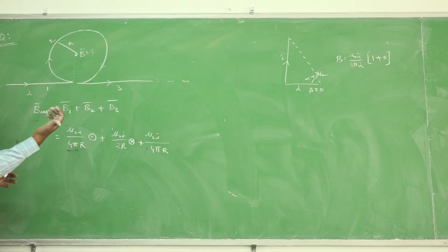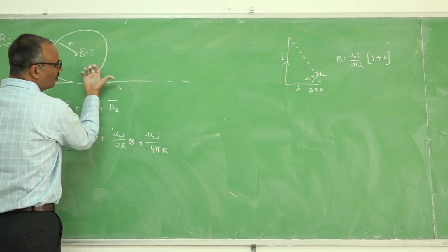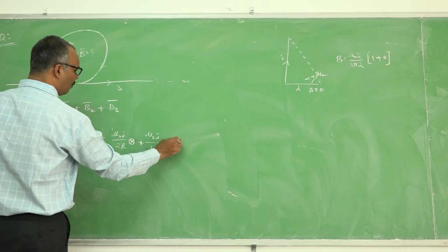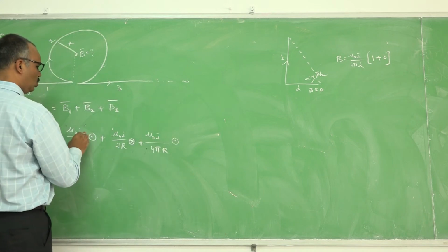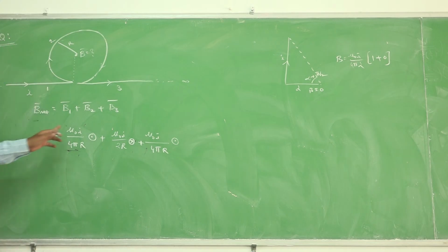According to the right hand thumb rule, the current is going in the direction of the thumb, the remaining fingers are facing out. So this is also out of the paper. Sorry, these two are out of the paper, this is into the paper. Generally, out of the paper we will take as positive, into the paper as negative.